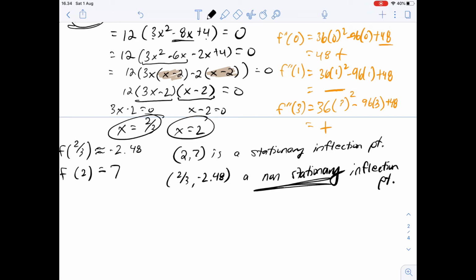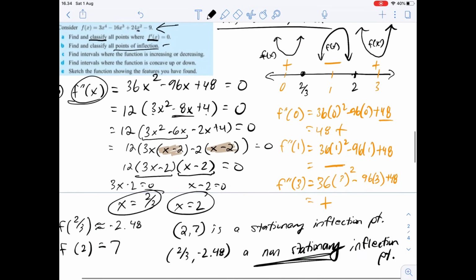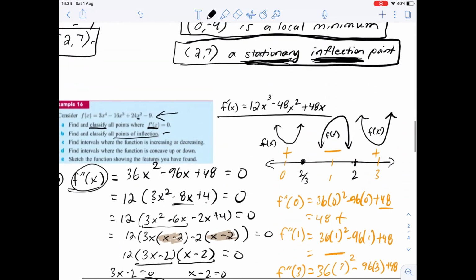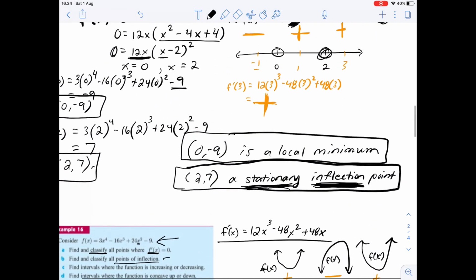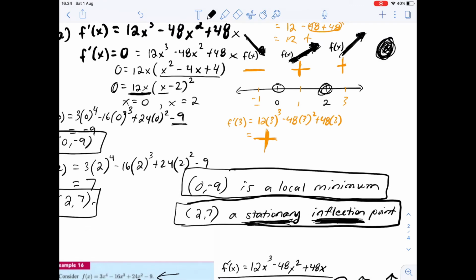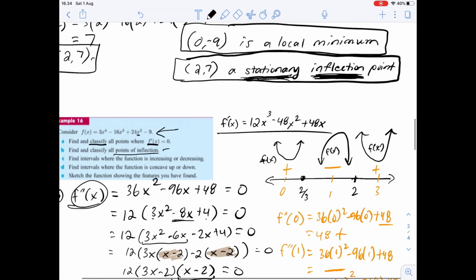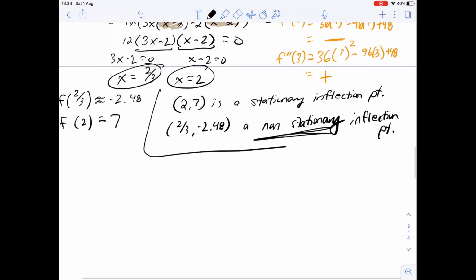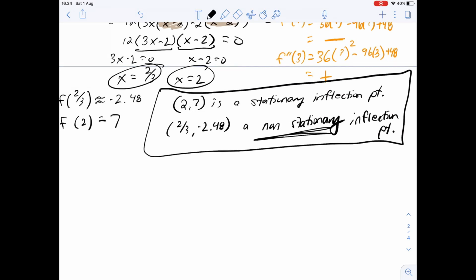Non-stationary again means that the concavity will change and that it doesn't really have any impact on the increasing, decreasing in the first derivative, okay? There's our answer.